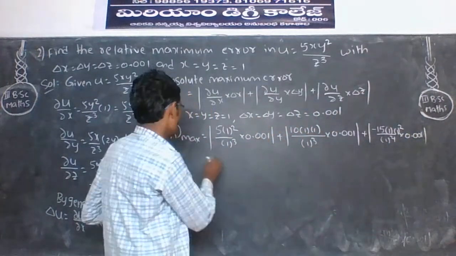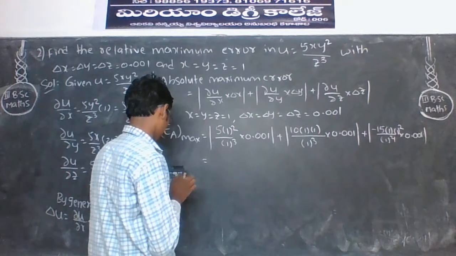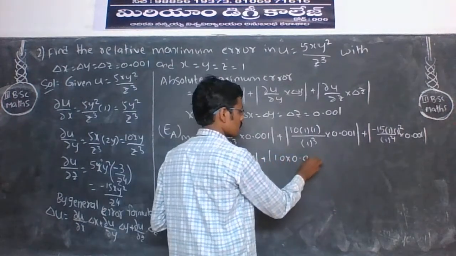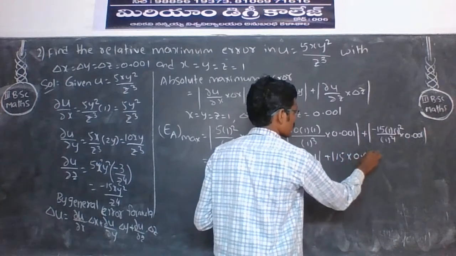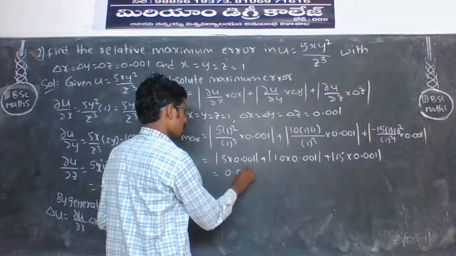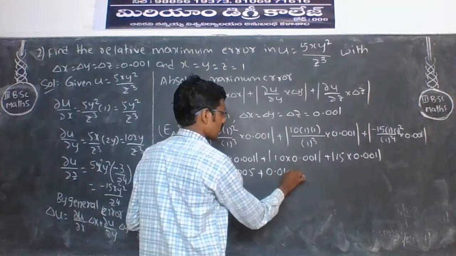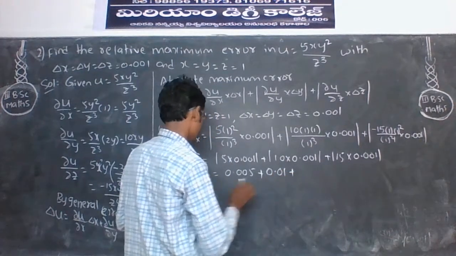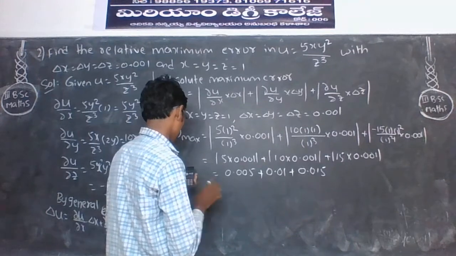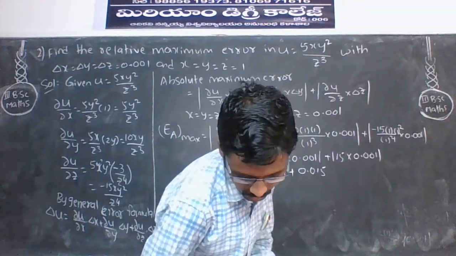Minus value, take positive values, using the scientific calculator. 5 into 0.001 is 0.005, plus 10 into 0.001 is 0.01, plus 15 into 0.001 is 0.015. 0.015 plus 0.005 plus 0.01 is equal to 0.03.